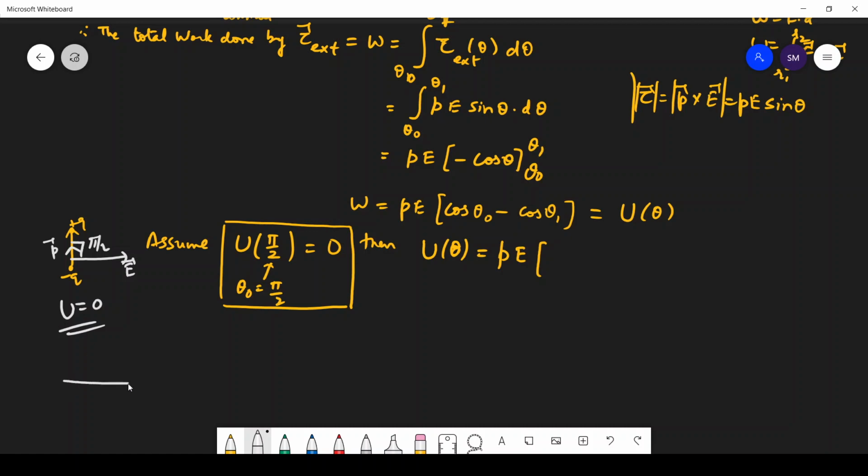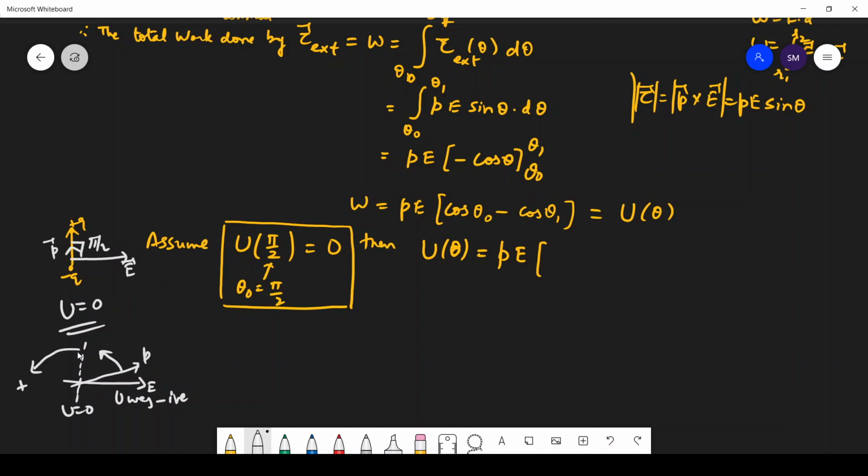Remember, I was telling you, suppose from here this was the direction of P, this was your E, and you were taking it in this direction, and at this position U equals 0. So it means U was negative over here, and here it will further be more positive.